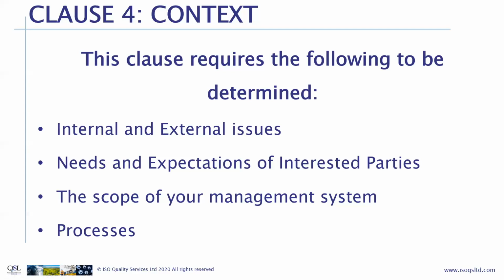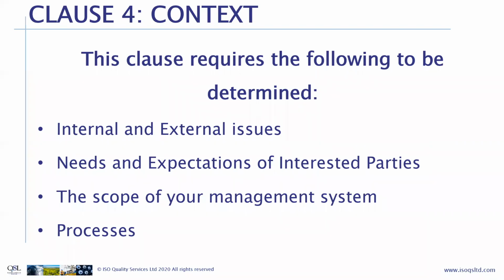Needs and expectations of interested parties, examples of interested parties: your customers, staff. Expectations of interested parties could well be requiring a quality product, value for money, delivery on time. Staff expectations, perhaps guidance and governance, working in a safe place, safe environment, being treated with respect, career progression.